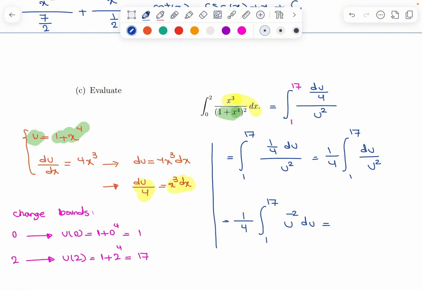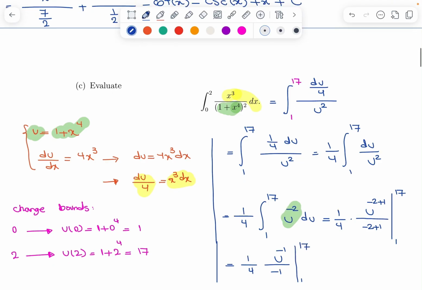And now by using the power formula for antiderivatives, we can find the antiderivative of u to negative 2. So you have 1 divided by 4. The antiderivative of u to negative 2 would be u to negative 2 plus 1 divided by negative 2 plus 1. And by using FTC part 2, you must evaluate this from 1 to 17. So therefore, the answer would be 1 divided by 4, u to negative 1 divided by negative 1, from 1 to 17.